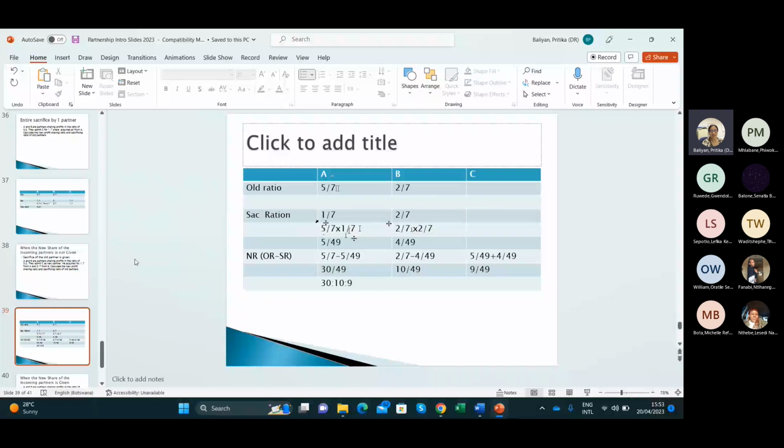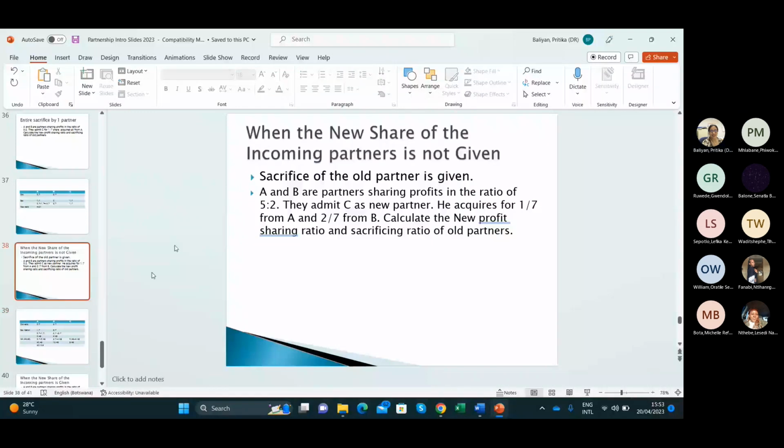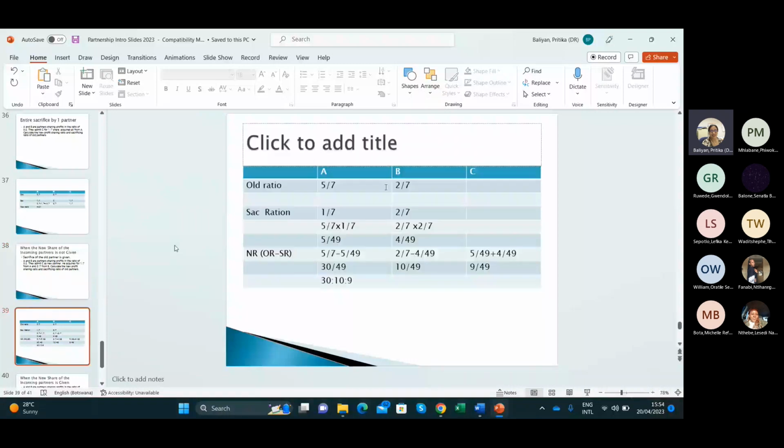It is 5/49. Same for partner B, who gives 2/7 of the old portion, which is also 2/7, which makes 4/49.